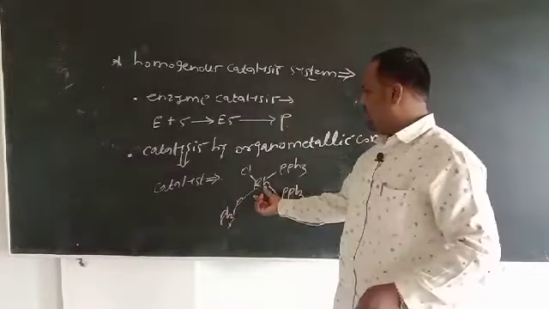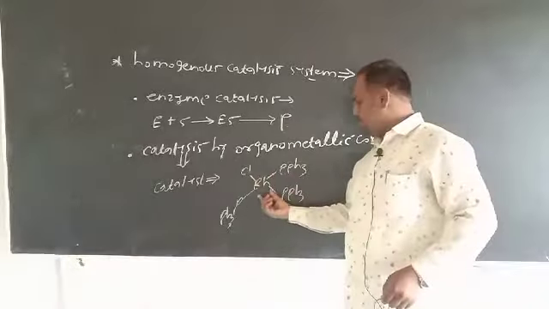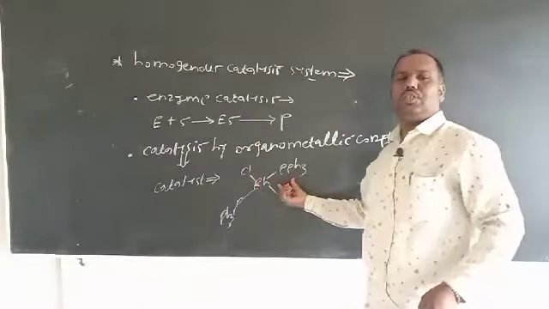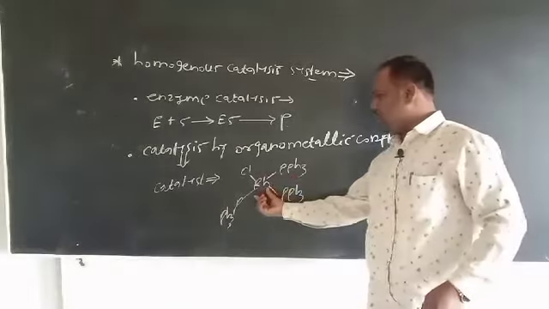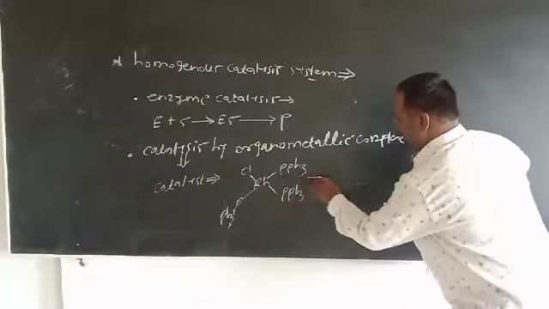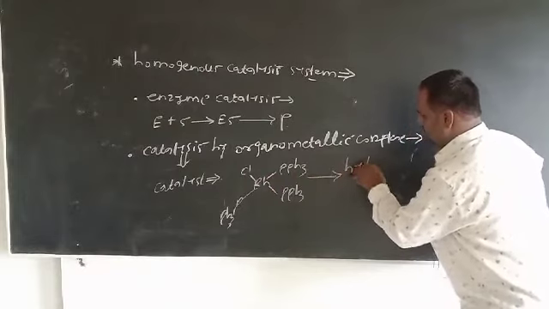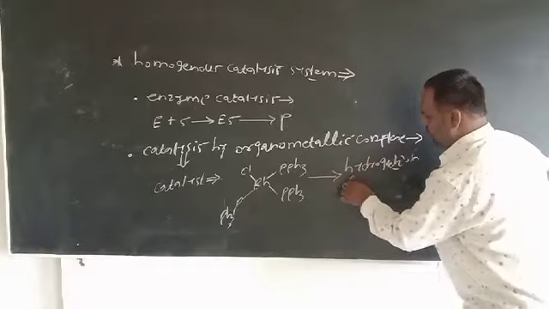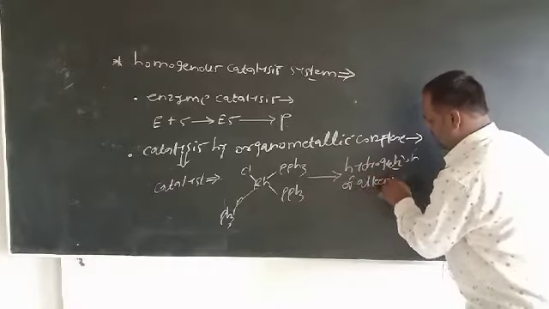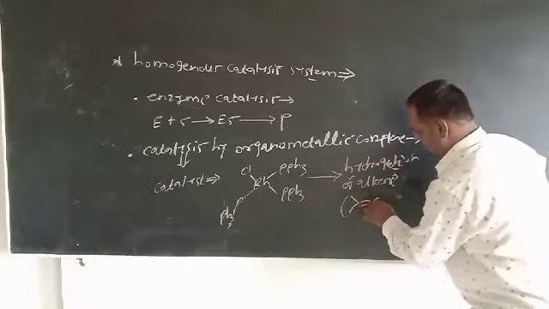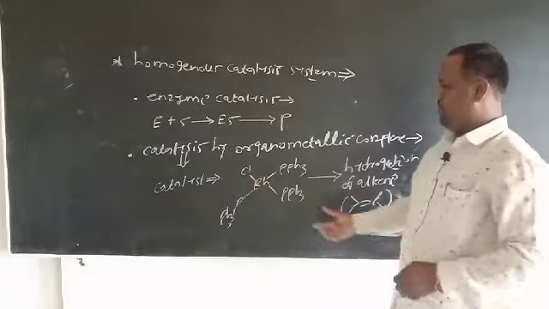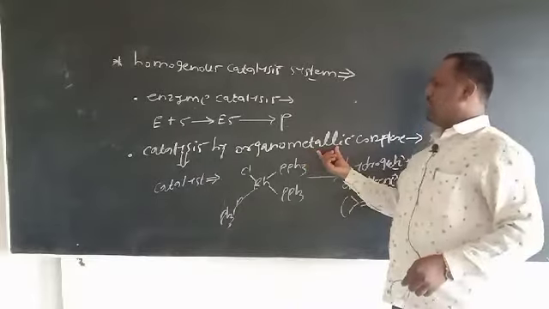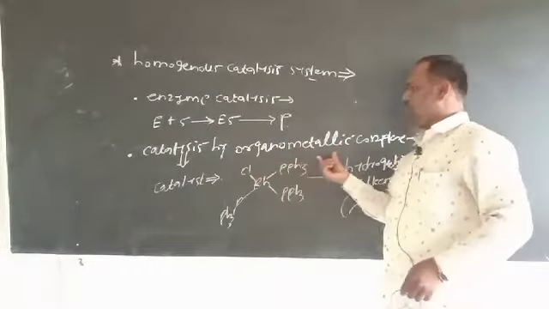This is the metal atom and these are all ligands. This organometallic complex is used for hydrogenation of alkenes, that is hydrogenation of the carbon-carbon double bond. This is an example of catalysis by organometallic complex.